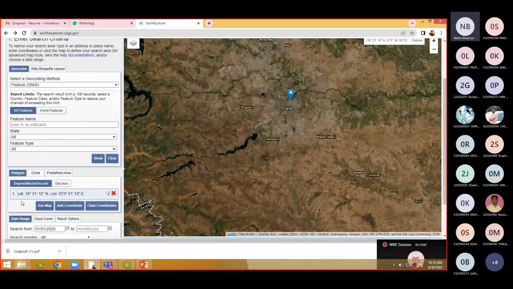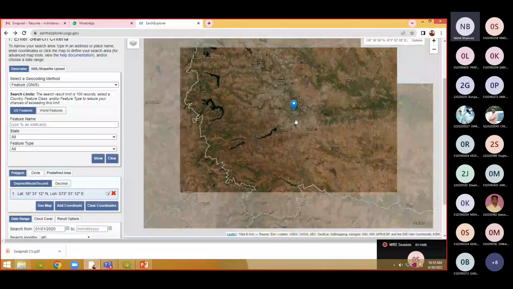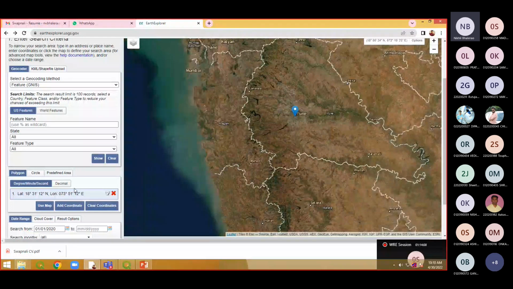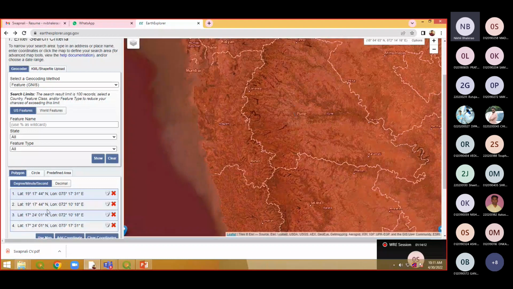So you can see the coordinates for this location are available. Now here you can put in the coordinates manually if you know them. You can also use the map, or you can remove the coordinates here. I will provide only one coordinate, and for that coordinate, whatever data sets are available, I will use the map for this location and accordingly search.